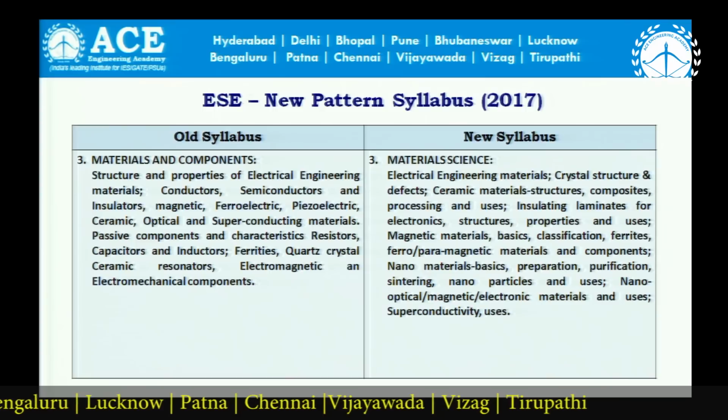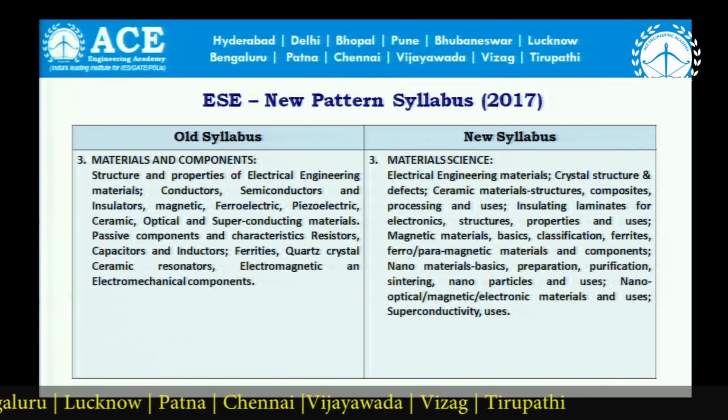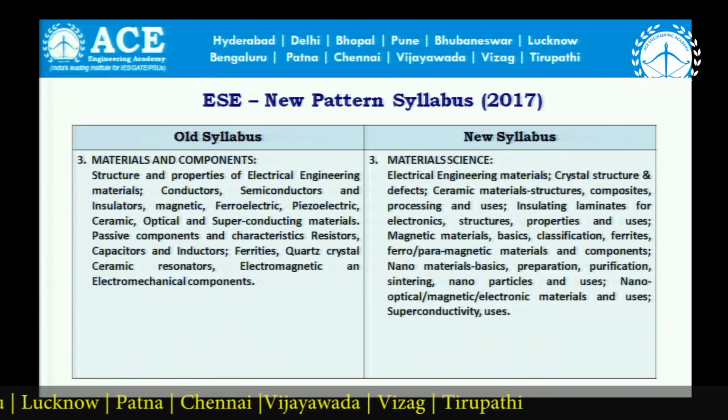The third subject is the materials and components. When you study the first subject, the basic electronic circuits, I told you it was quite a hasty step, because you had to go from basics of semiconductors all the way to applications. But how do you go from basics of semiconductors to all the applications?